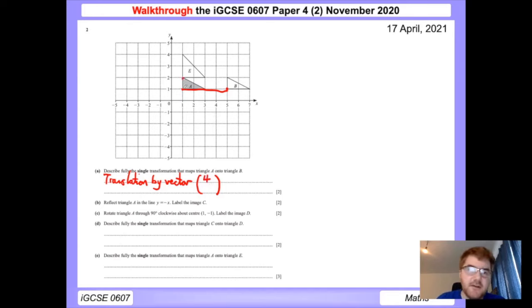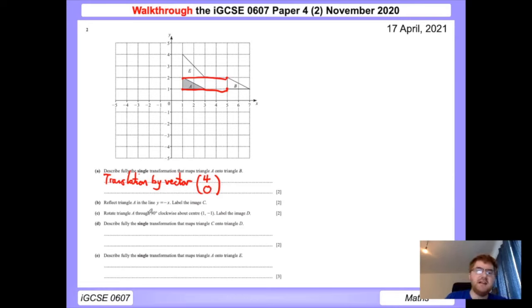So if we take this point and this point, for example, then we can check 1, 2, 3, 4 to make sure we've done it correctly. And notice that we're not going up or down with our triangle, so the number here is going to be 0. So we get a translation by vector (4, 0). 1 mark for translation, 1 mark for (4, 0).